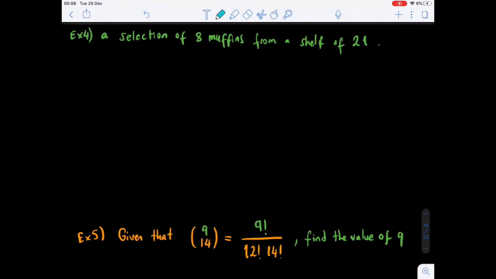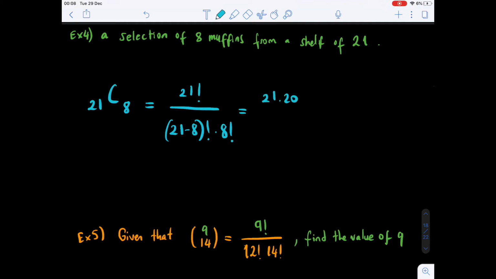A selection of 8 muffins from a shelf of 21. So the total number is 21, and we are going to look for 21 choose 8. So 21 factorial over 21 minus 8 factorial times 8 factorial. Let's modify: 21 factorial is 21 times 20 times 19 times 18 times 17 times 16 times 15 times 14 times 13 factorial.